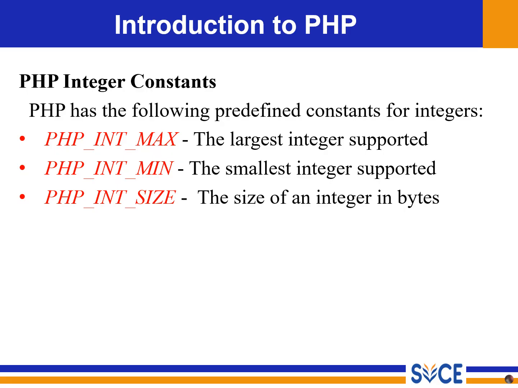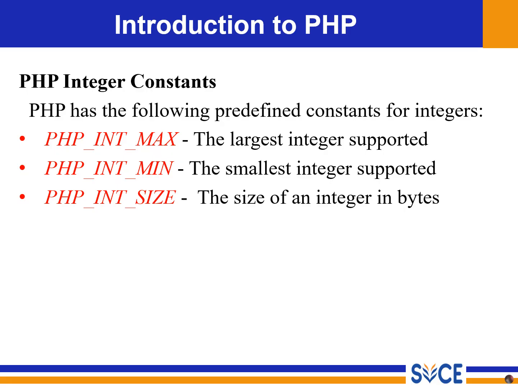PHP_INT_MAX. This constant represents the largest integer value supported by the current PHP build. This value depends on whether PHP is running on a 32-bit or 64-bit system. Next, PHP_INT_MIN. This constant represents the smallest integer value supported by the current PHP build.